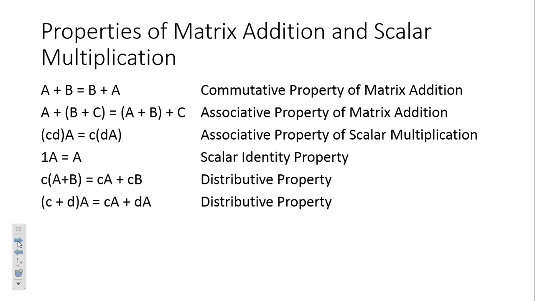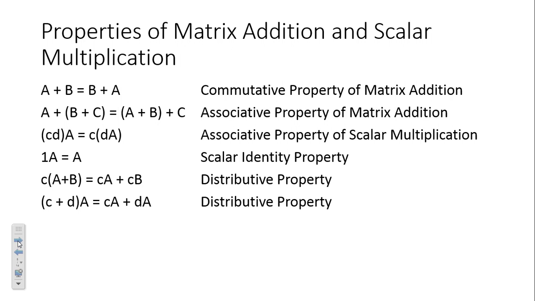Likewise, if I wanted to add A to B plus C, that's the same thing as taking A plus B and adding C to it. That's associative property. The parentheses, the grouping does not matter. If I'm taking 2 scalars times each other and then times matrix A, that's the same thing as taking a scalar times the product of the other scalar times A. That's associative property.